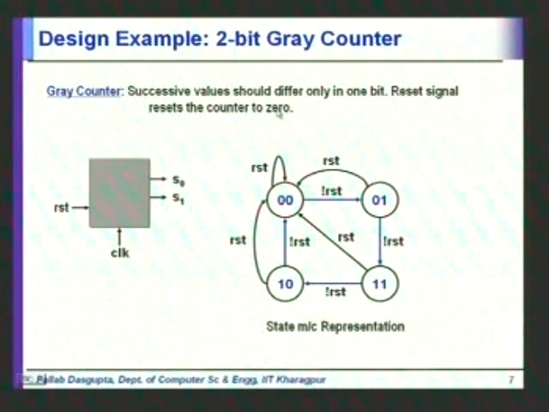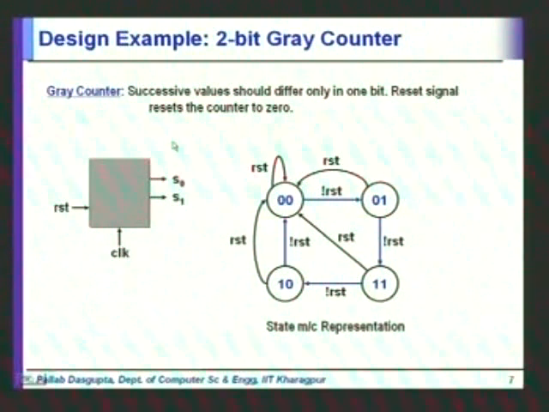And these states should be such that successive states will differ only in 1 bit, right? So can you give me one way of doing that? 00, 01, 11, then 10 and then back to 00. So if you look at this sequence, then every successive state differs in exactly 1 bit.